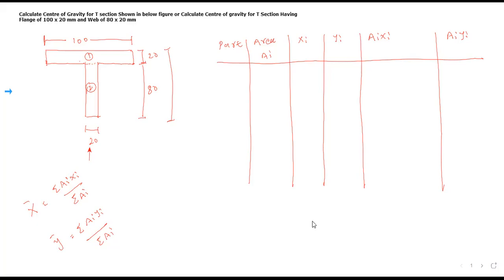Whatever our first line or first point of the geometry is, we draw a reference y-axis. Is it clear? Whatever our bottommost point is, we draw a reference x-axis. Is it clear or not? Please confirm. So what I have marked with the black line will be your reference x and reference y.